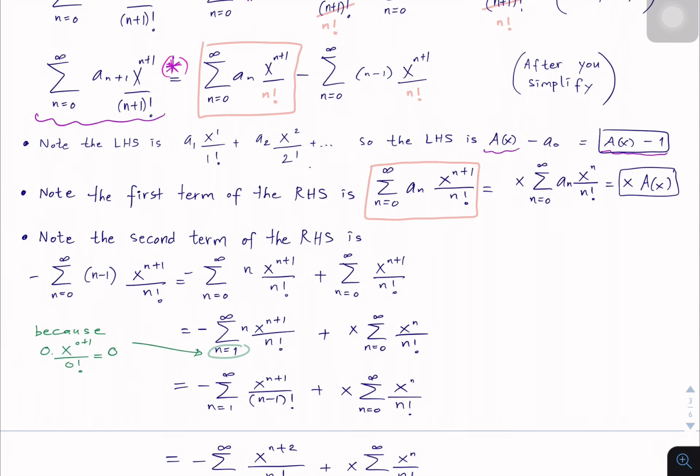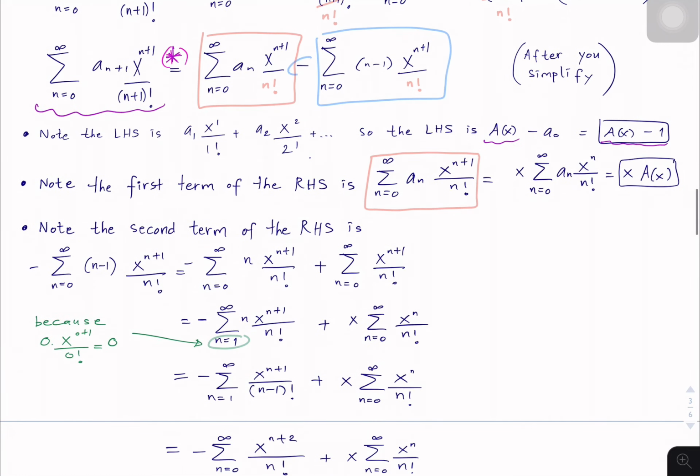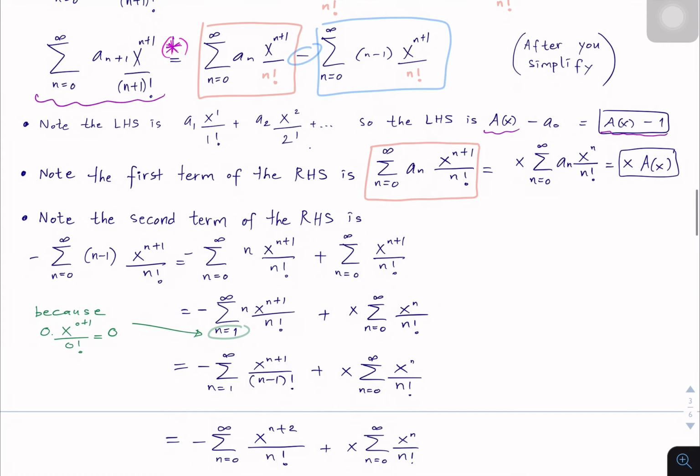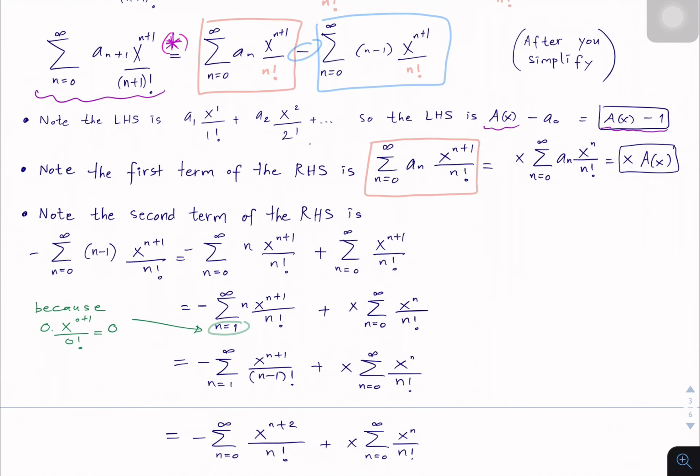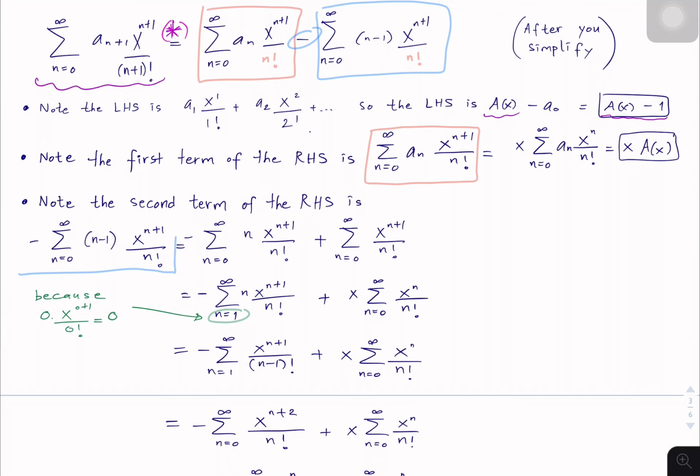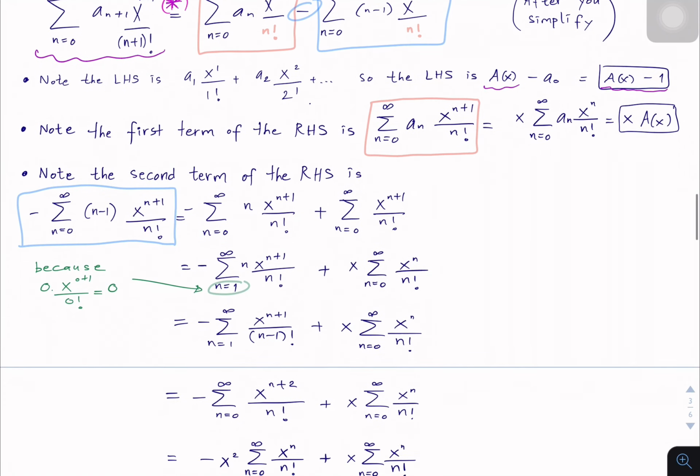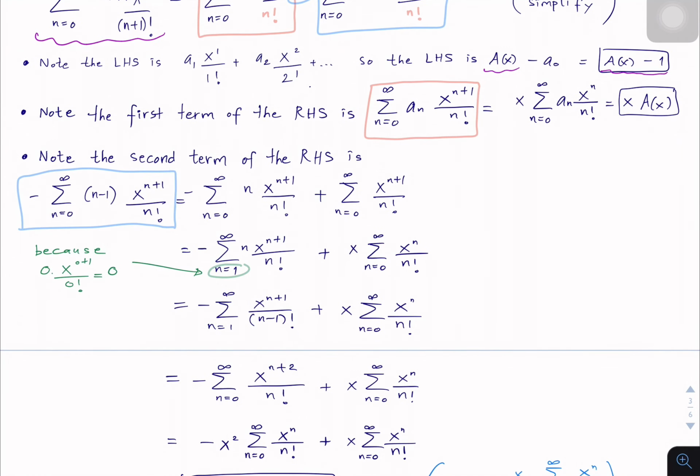Then if we look at the second term of the right-hand side, that's this one, including a minus sign. So I have that. Now I will separate the n and minus 1.